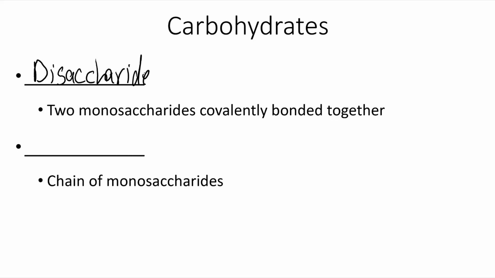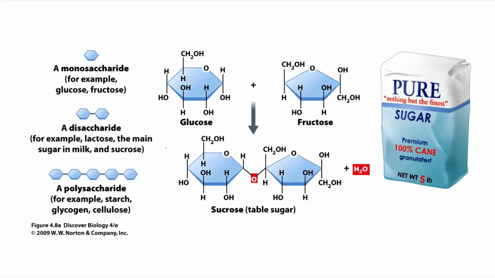But if we don't just stop at two, if we end up adding more and we have 5, 10, even up to 5,000, we end up with something called a polysaccharide. So polysaccharides are long chains of monosaccharides. So looking at these three categories, we have a monosaccharide, which is a single sugar or a single ring.